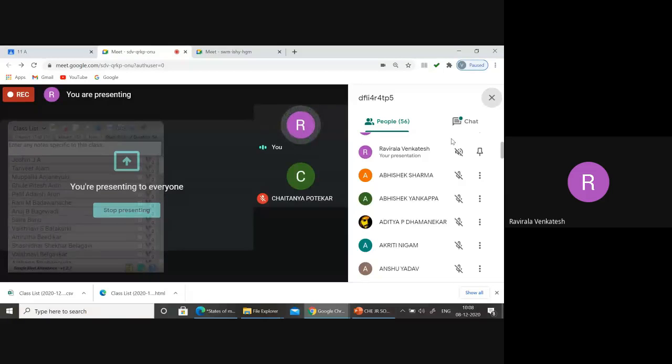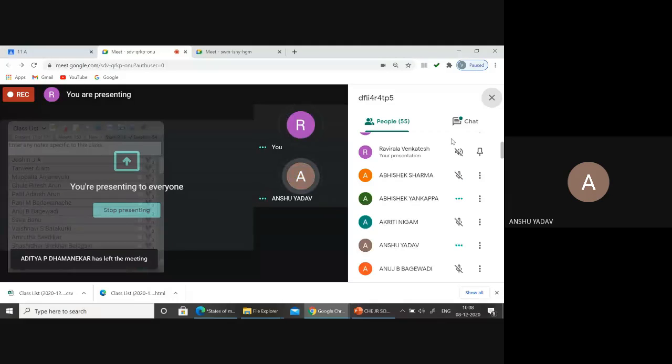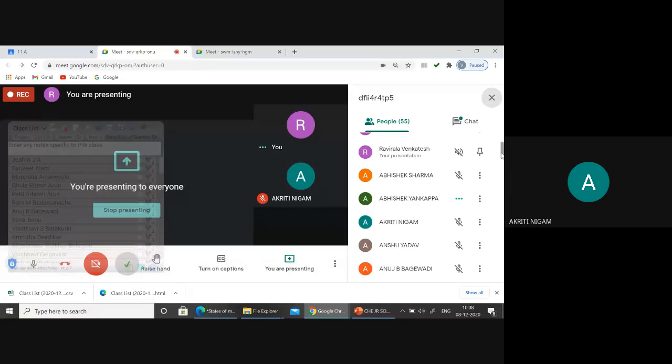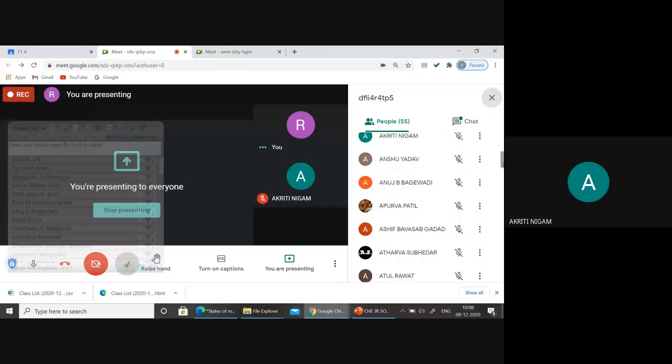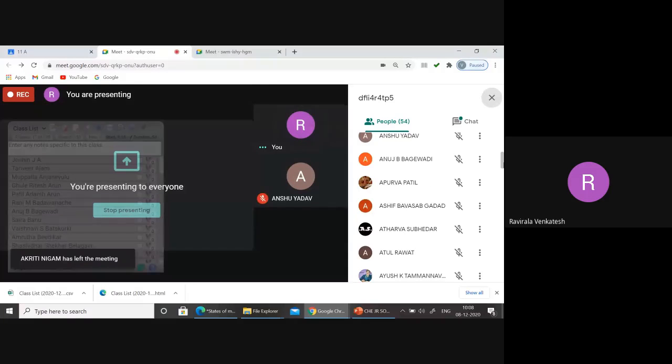Abhishek Y., Sharma, Abhishek Y. Aditya, Anshu. Present, sir. Anuj, present, sir. Akruti, present, sir. Anushka is absent, right? Anushka, Apurva, Aashif, Atul Rawat, present, sir.